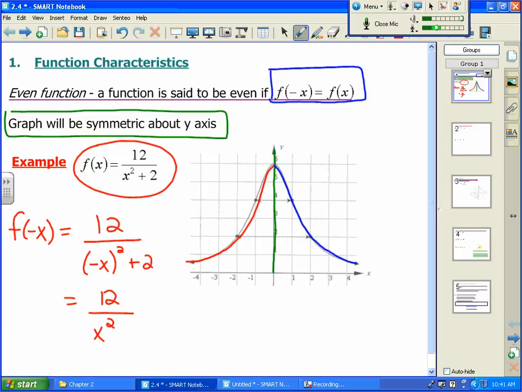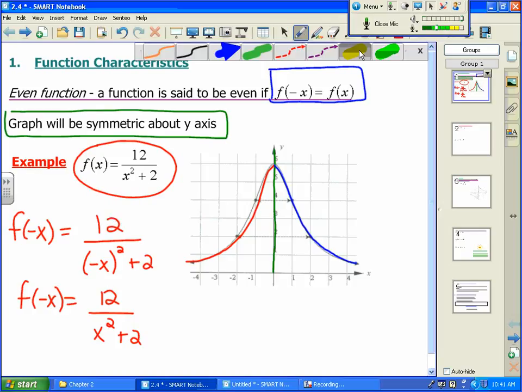Negative x all squared is still x squared plus 2. You can see that f of negative x is identically the same as the original f of x. And that follows the rule for even functions: if f of positive x is the same as f of negative x, the functions are identical, and we're dealing with an even function.